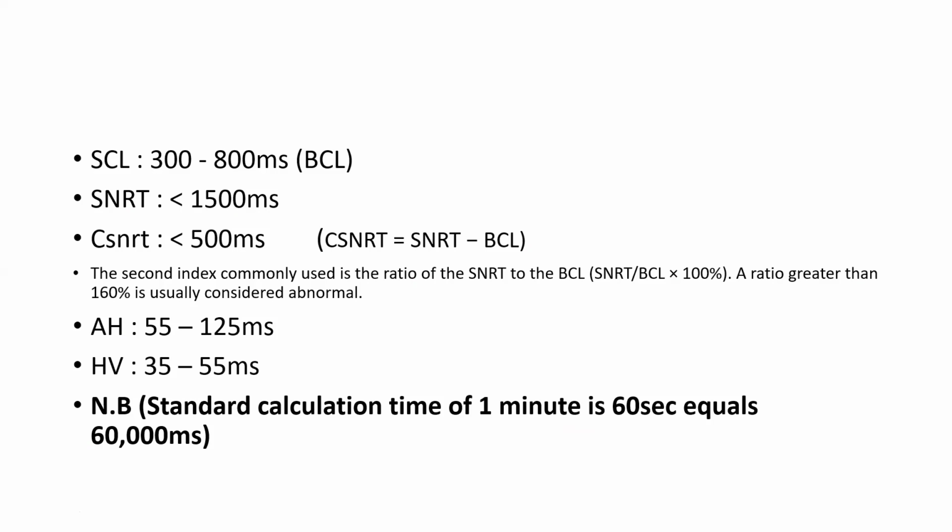I just want us to know that there is the basic cycle length, there is the sinus node recovery time after you stop pacing, and there is the corrected sinus node recovery time, obtained by subtracting the basic cycle length from the sinus node recovery time. These parameters help us determine the SA node function.